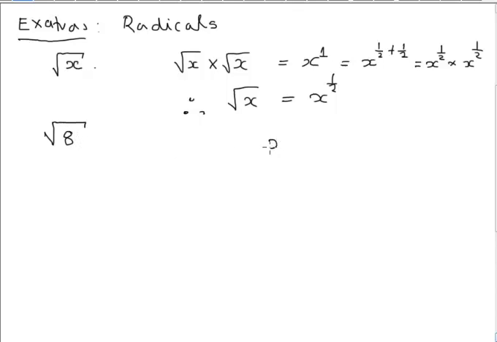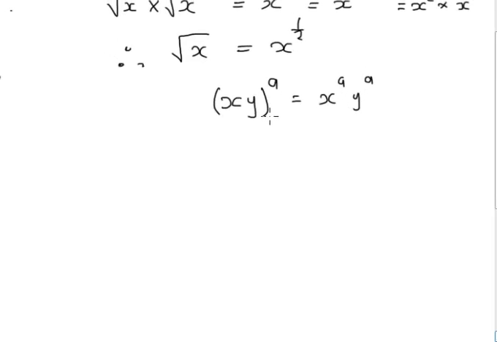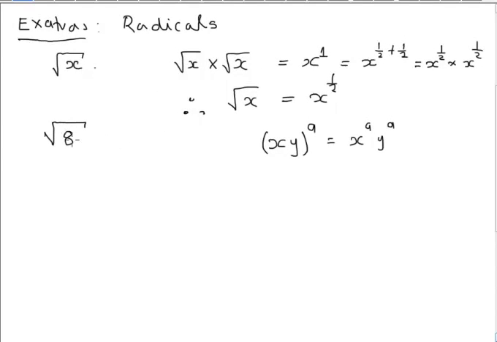We need a rule of exponents which says x times y to the power a is equal to x to the power a, y to the power a. All together. So I need to express this in terms of square root of 2. But what I see inside here, I've got x times y, and one of those can offer me 2.